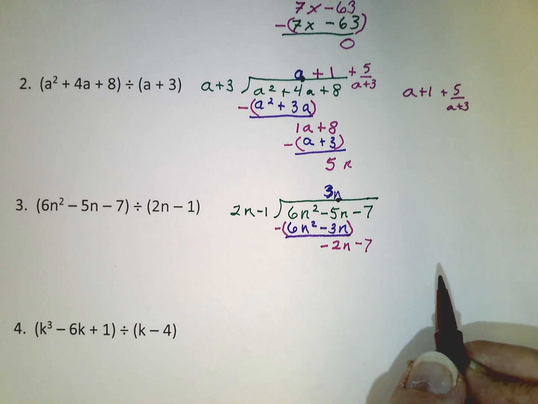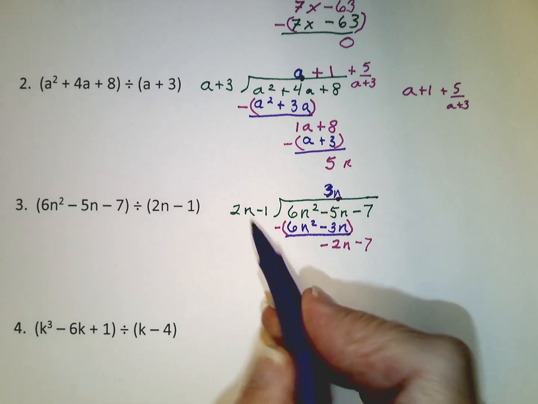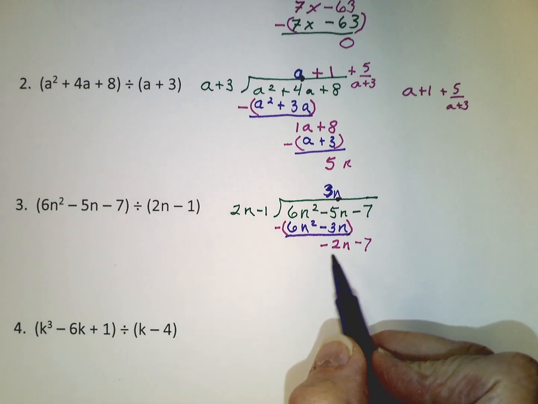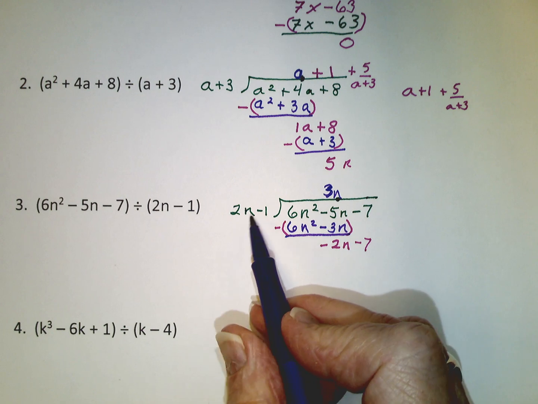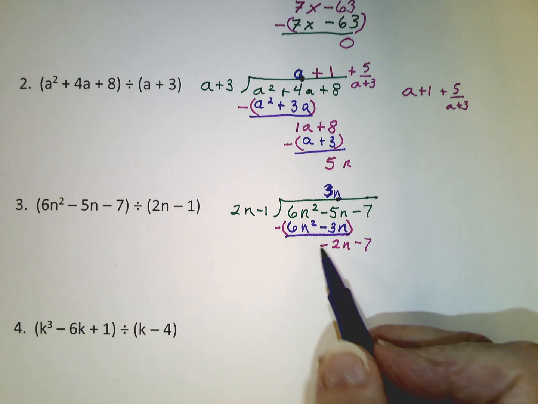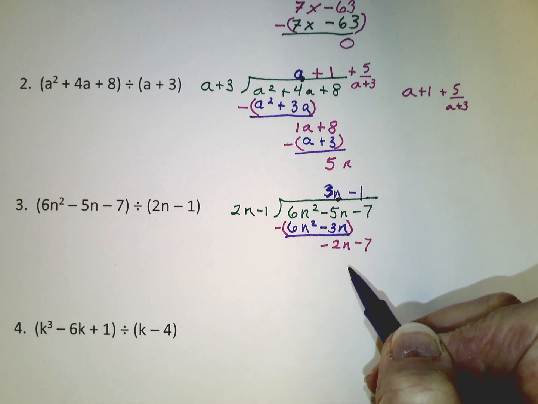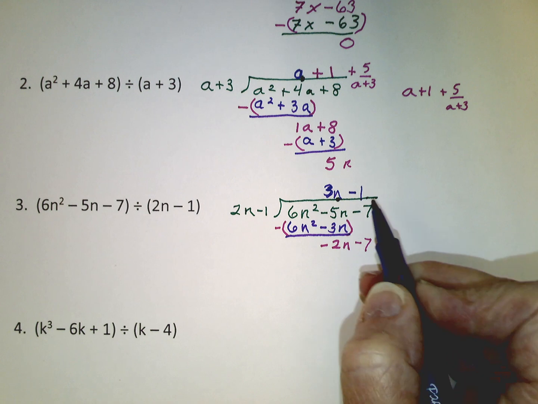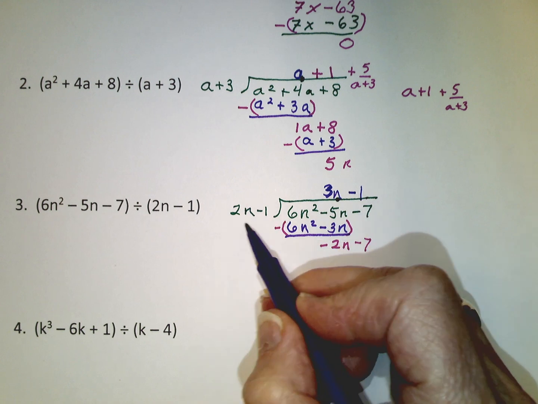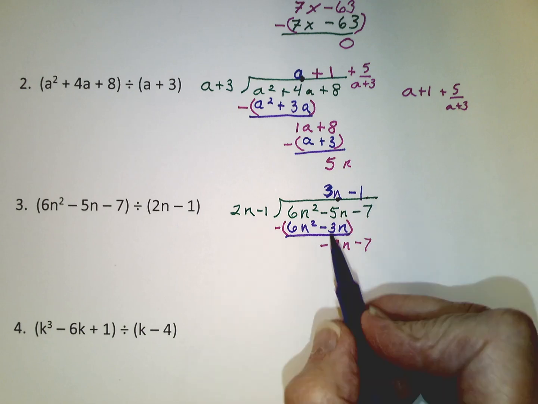And keep dividing. So we're going to be dividing 2n into negative 2n, and to produce a negative 2n from a positive 2n, we're going to have to multiply by negative 1. We're going to multiply the whole divisor by negative 1. So negative 1 times 2n.